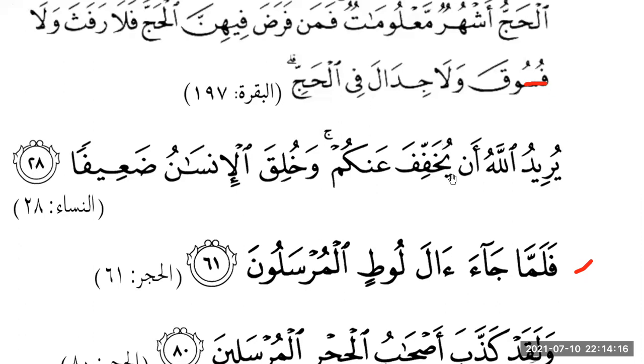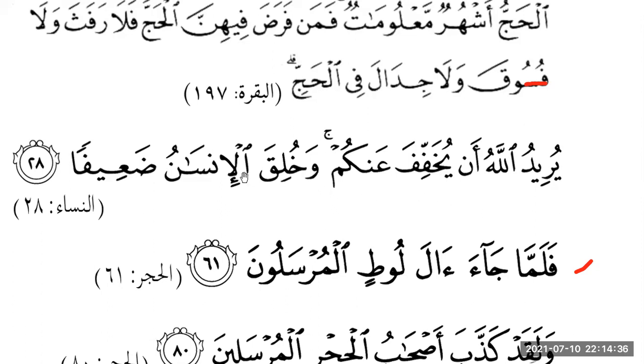Yes, the harf must be an. And this an is called an masdariyah. An masdar means an that converts the verb to something like a noun, so that it can become the object of the verb before it. Okay, right. Now look at the next sentence.